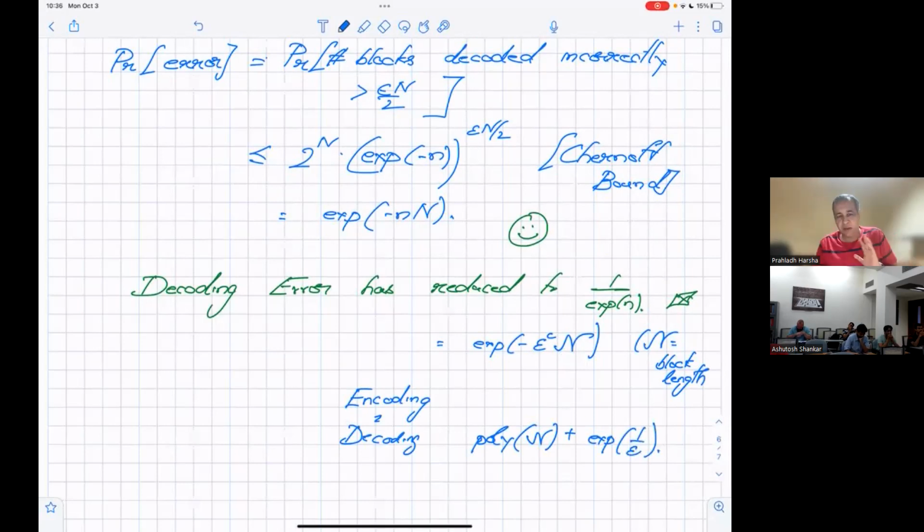I haven't shown you why it's exponential, but if you look at the construction carefully, this will happen. Later on in the course, we will try to address if we can make this exponential in 1 over epsilon into poly 1 over epsilon. We'll see this much later, towards the end of the course. Okay.